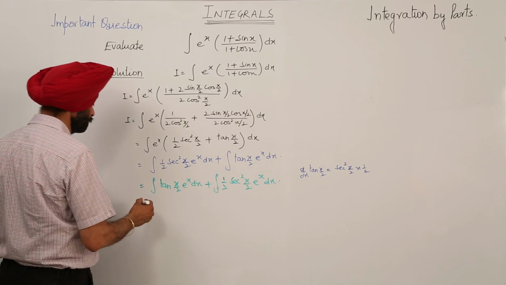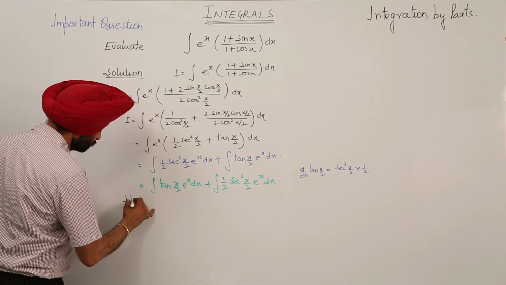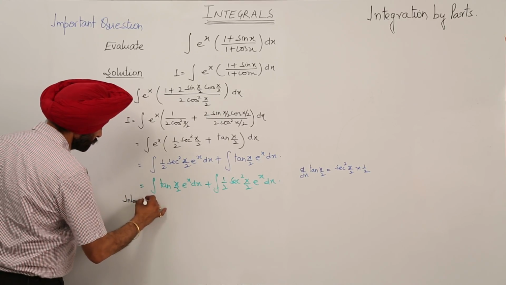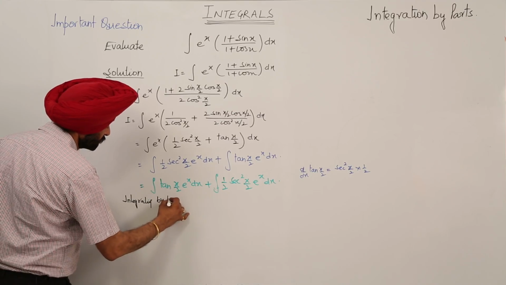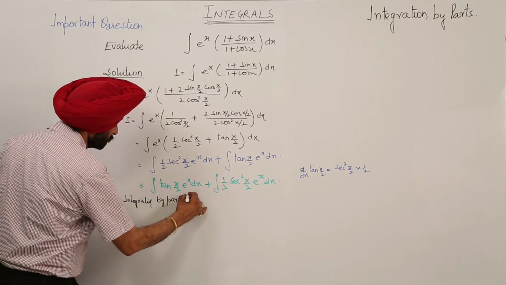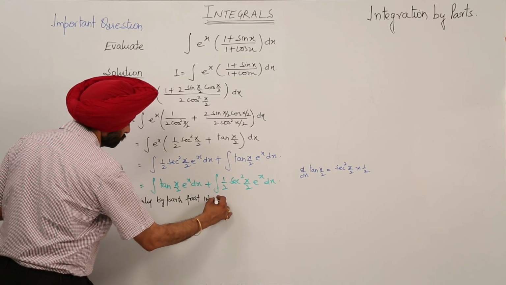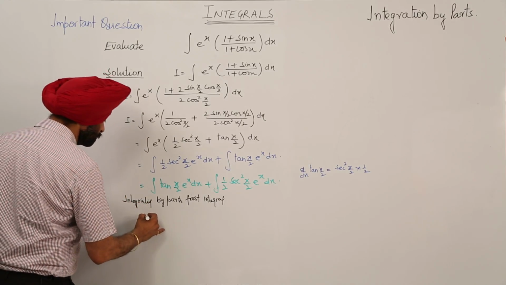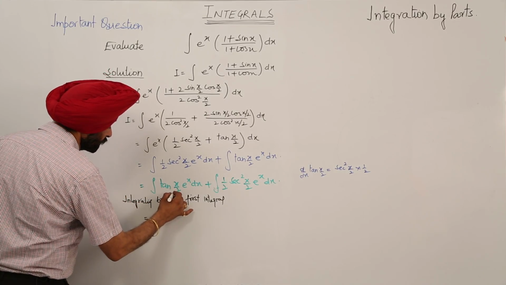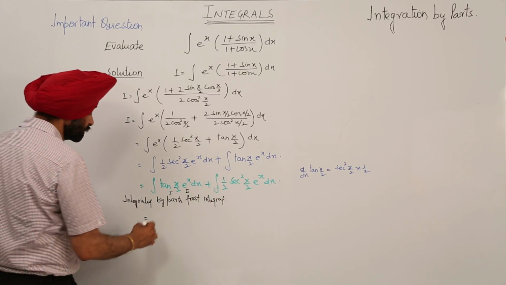Now integrating by parts the first integral. Now what we are getting? We are getting, taking this as first function and this as second function. Is it clear?